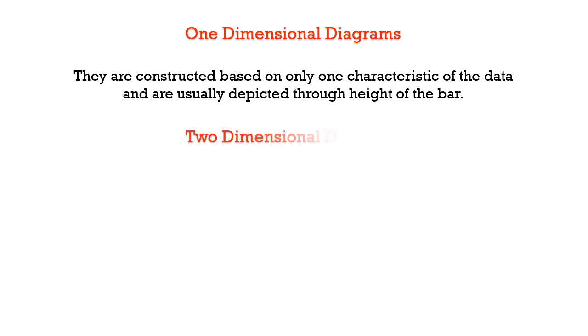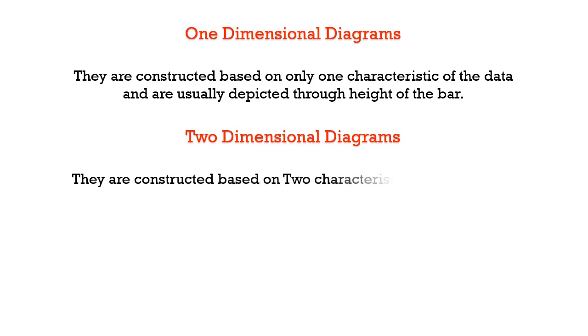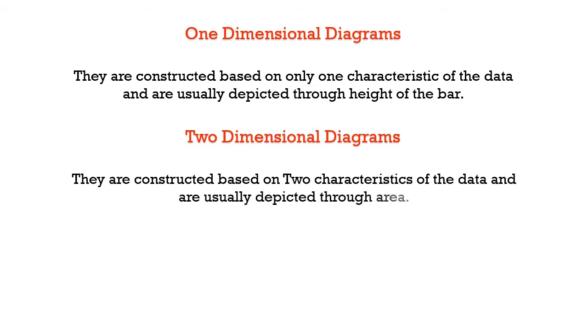Two-dimensional diagrams are constructed based on two characteristics of the data and are usually depicted through area. So the area of the diagram, for example circle and pie charts, their areas depict the value of the data. So two characteristics means area.